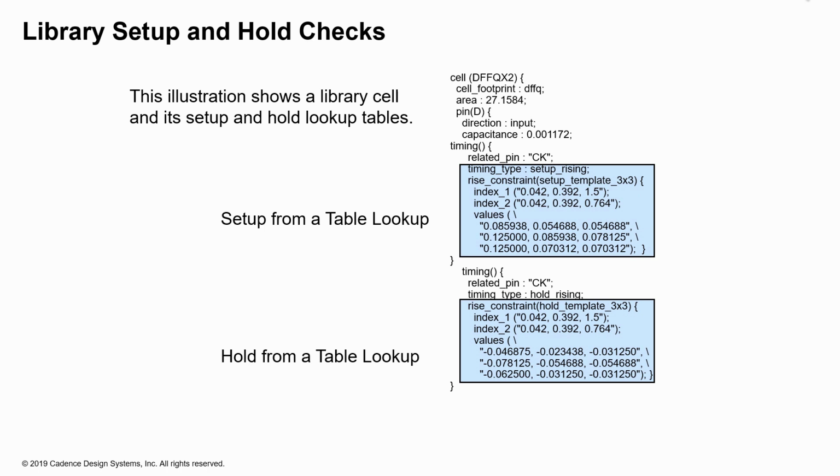The setup is shown as a positive value, and you have to meet that setup check provided by that value for those load and skews. For the hold, the values are shown as a negative value, and both of these have to be met for this particular flop to safely save the data into the flop.